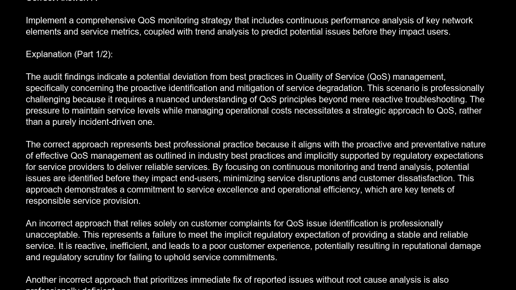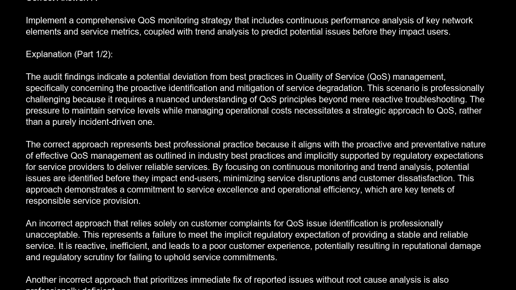This scenario is professionally challenging because it requires a nuanced understanding of QoS principles beyond mere reactive troubleshooting. The pressure to maintain service levels while managing operational costs necessitates a strategic approach to QoS, rather than a purely incident-driven one.